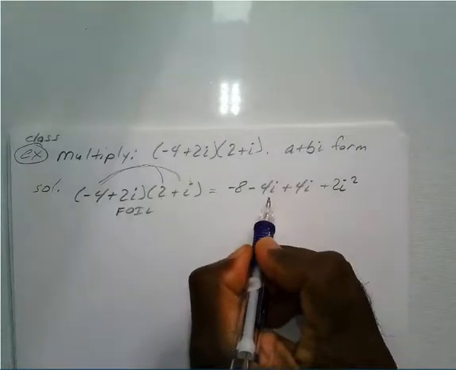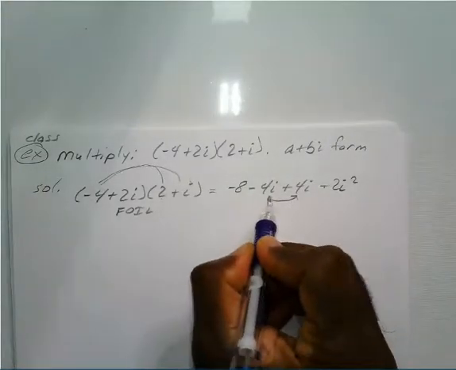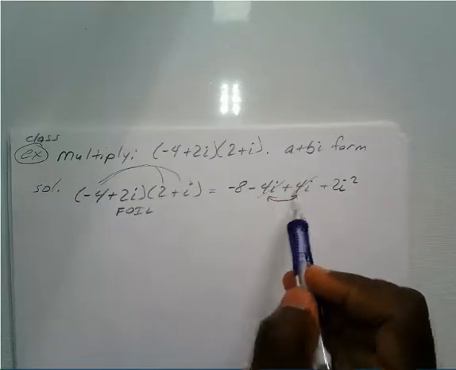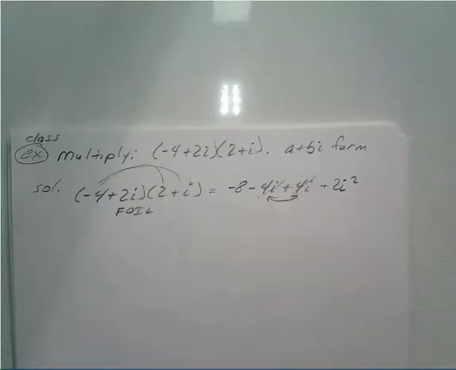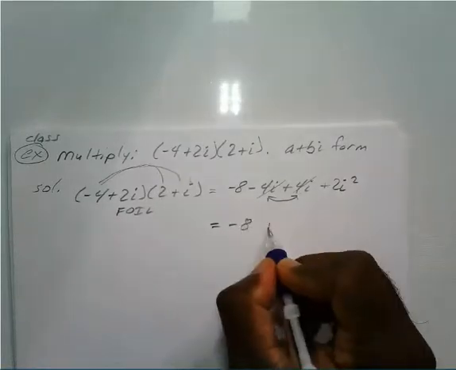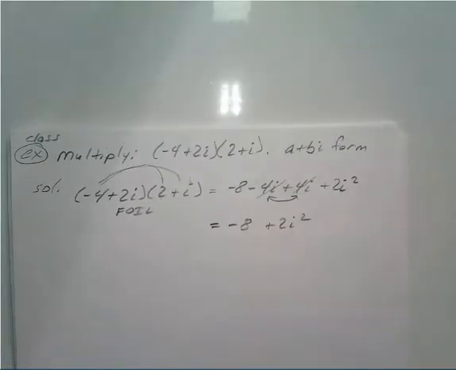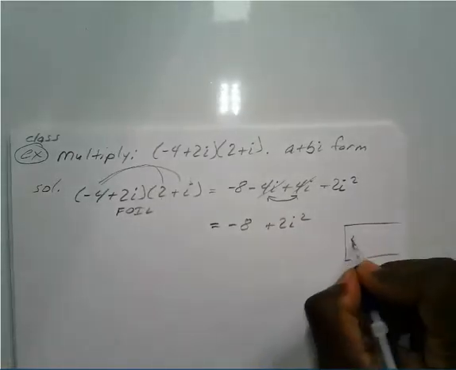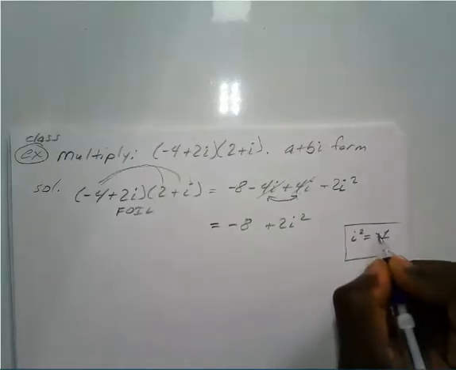Okay, now these two you can combine. Minus 4i plus 4i actually cancels each other out. So you have -8 plus 2i squared. Remember i squared equals -1.